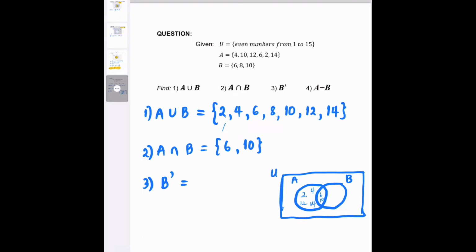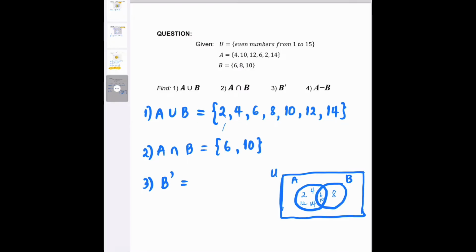So you have 2, 4, 6, 10, 12, and 14. And for set B, we have 3 elements only: 6, 8, and 10. And remember, 6 and 10 are already there. So that means the only element is 8.